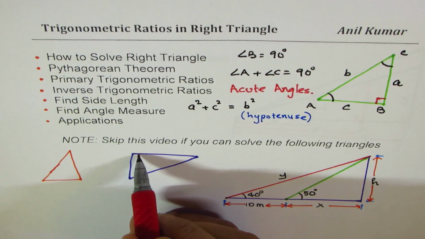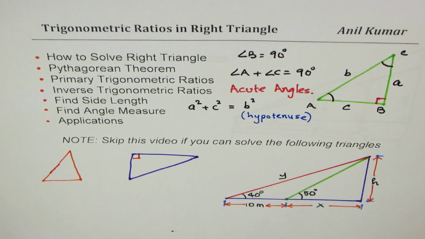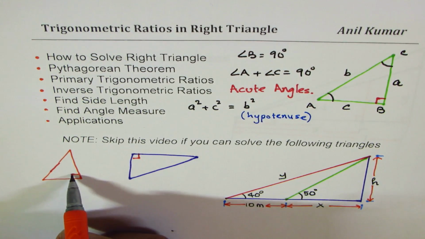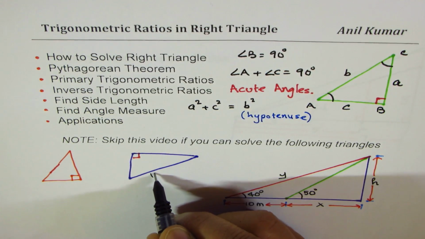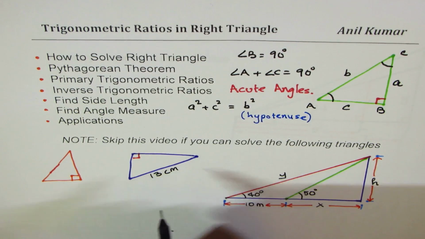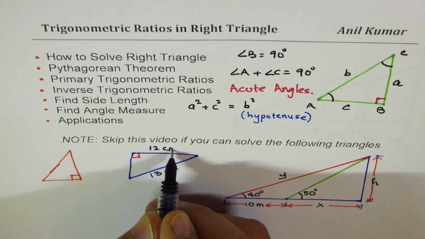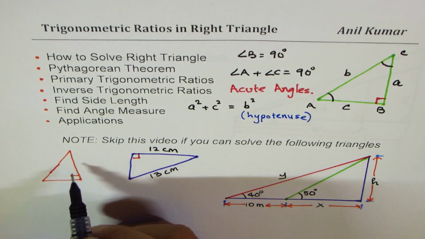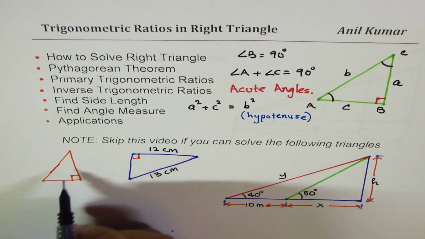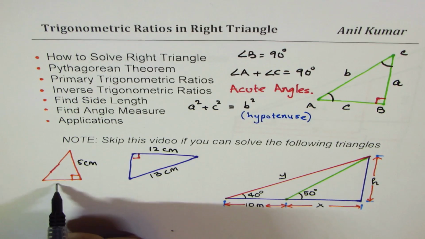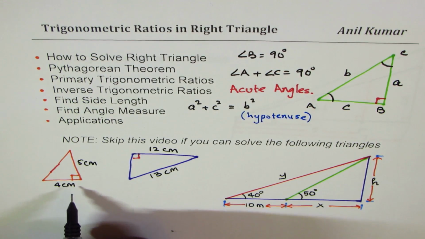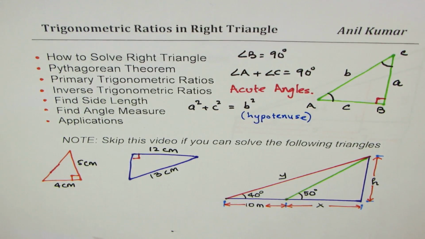This is a right triangle. This one is also a right triangle. If I say that this side is 13 centimeters and the other side is 12 centimeters, you can find the third side. And if I say that this one is, let's say, 5 centimeters and the other one is 4 centimeters, you can find the hypotenuse, correct?